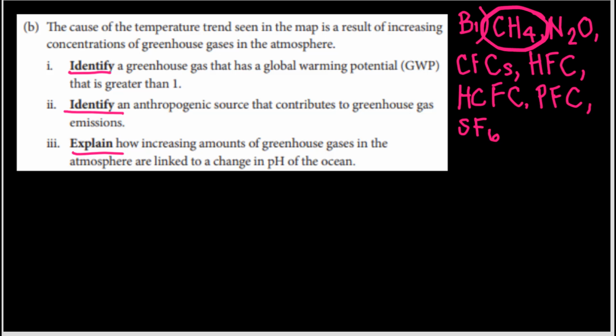Now for part 2, again, they just want us to identify an anthropogenic source. We don't have to say anything about it. So I would probably put burning fossil fuels as an anthropogenic source that contributes to greenhouse gases.